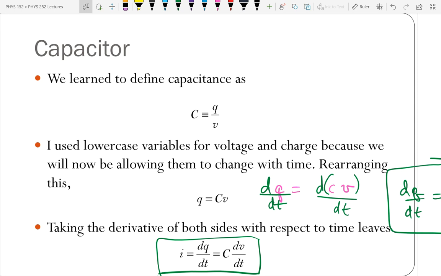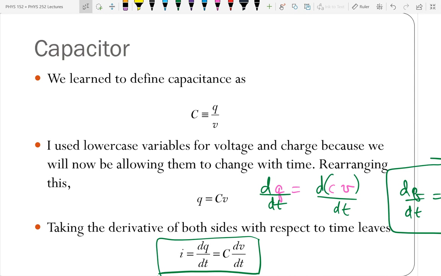And so if the current is finite, then that tells you dV/dt, the rate at which voltage is changing on your capacitor, is also finite. So you can't have a discontinuous change in voltage on a capacitor. The capacitor cannot go from 0 volts to 10 volts when you flip the switch. It's going to take some time.